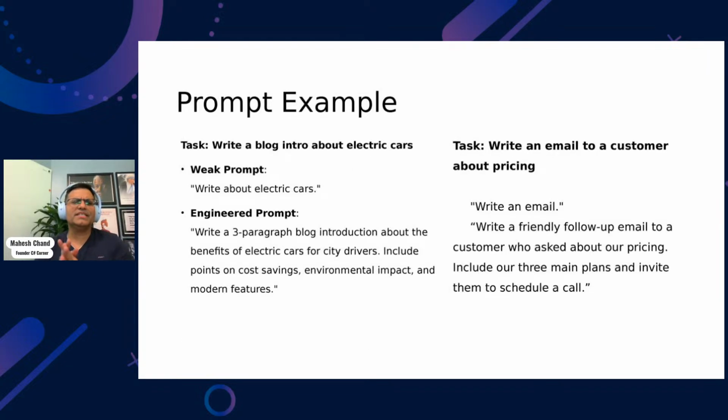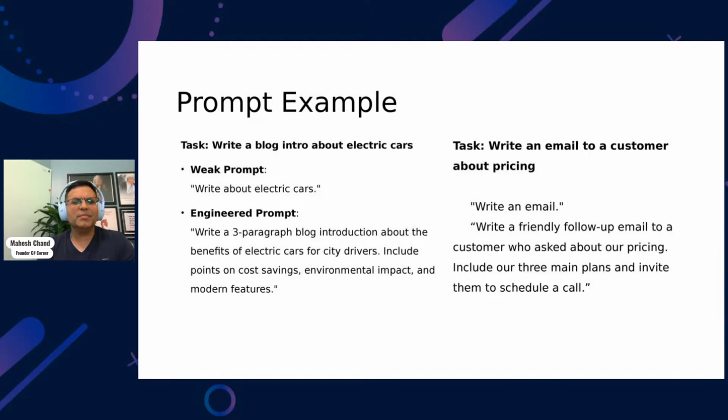So let's take examples. These are two examples of prompts here, so you can understand better. Let's say I want to write a blog about electric cars, right? I go to ChatGPT and say write about electric cars. That's one prompt. Now it will write whatever, and we will see some examples in the end when I do the demo.